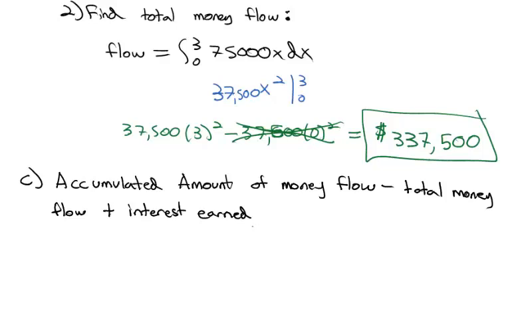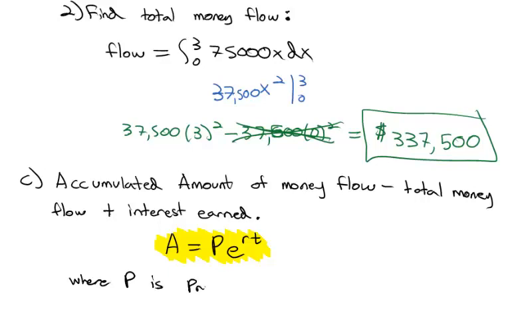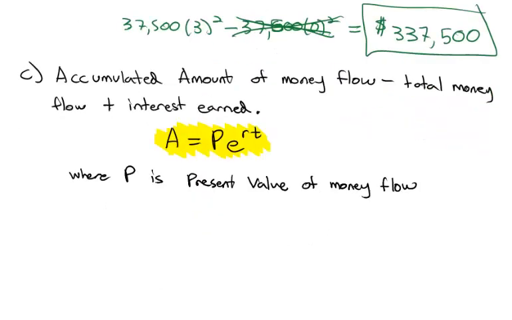How much interest are you going to earn? The formula for the accumulated amount we've seen before is Pe to the rt. That is your third formula, and you probably already know that. The key is here where P is the present value of money flow. In other words, what we just calculated, the present value for the insurance company.